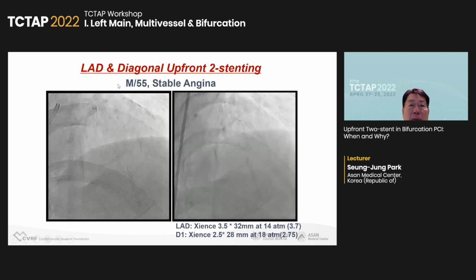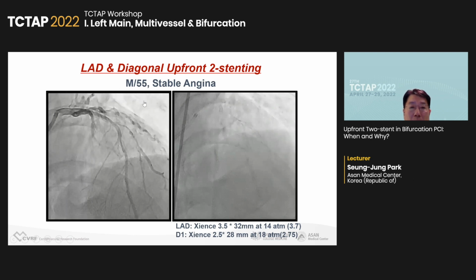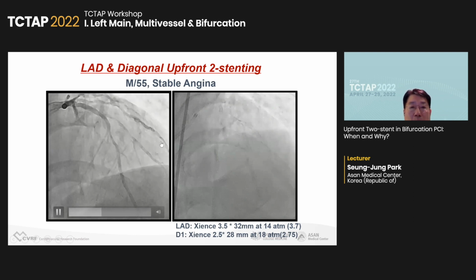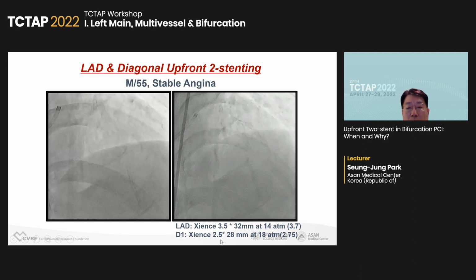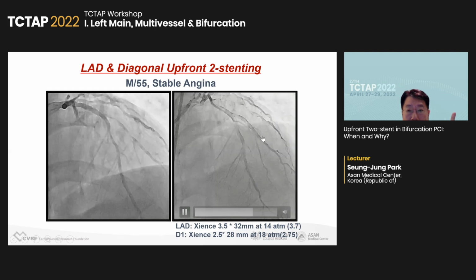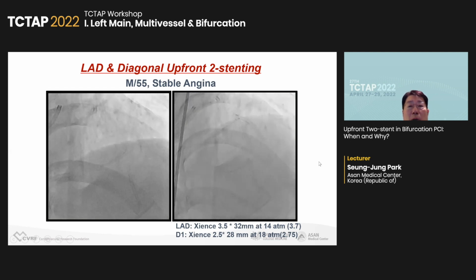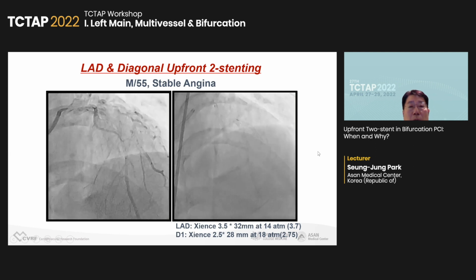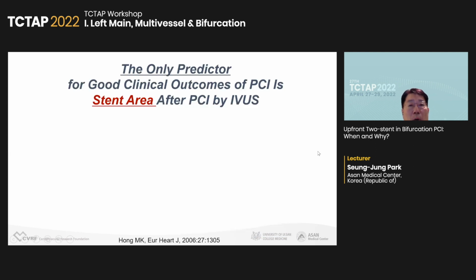So even in LAD diagonal branches, we deploy two different stents, and using the mini crush can make a good angiographic outcome and good clinical outcome too. So that is another emphasizing point.